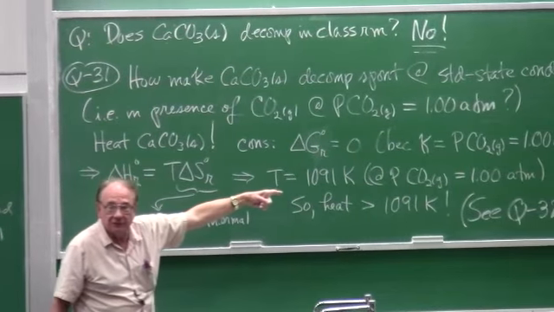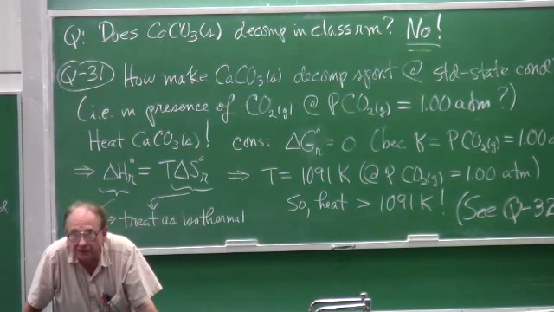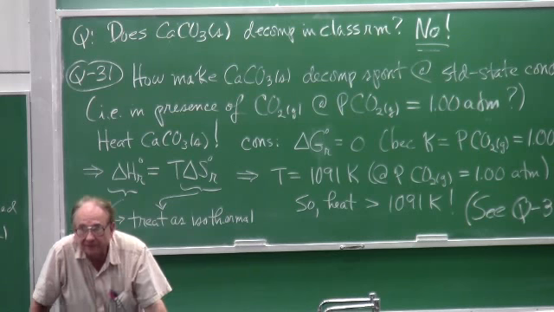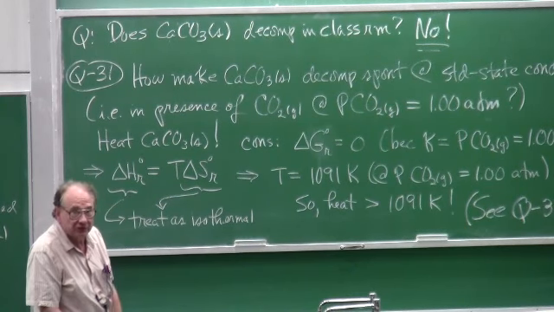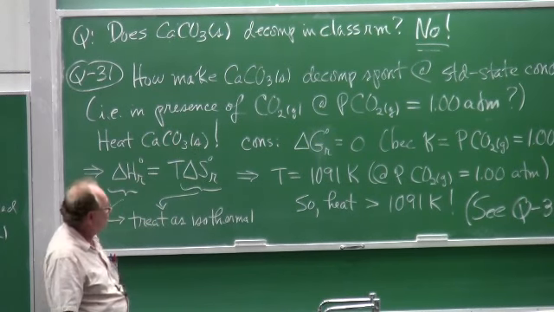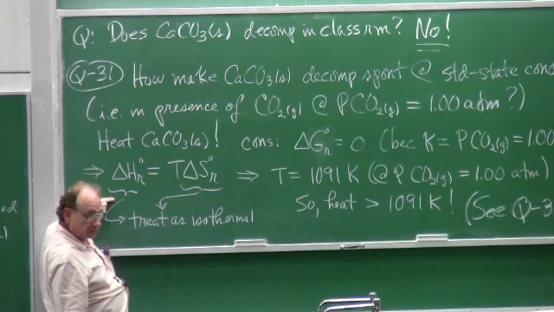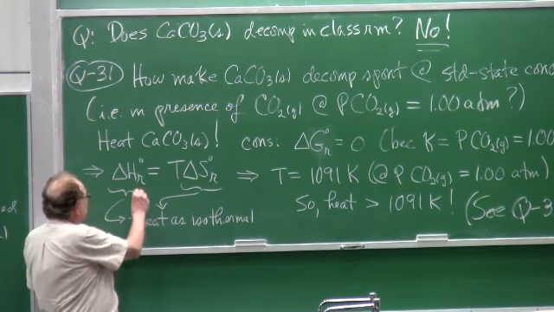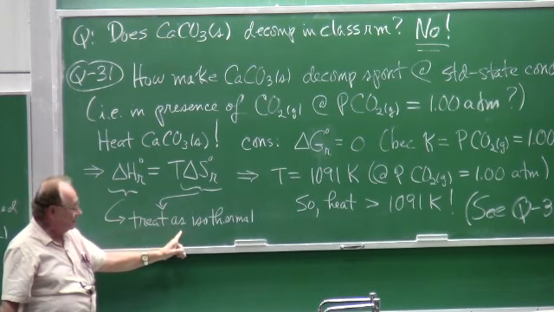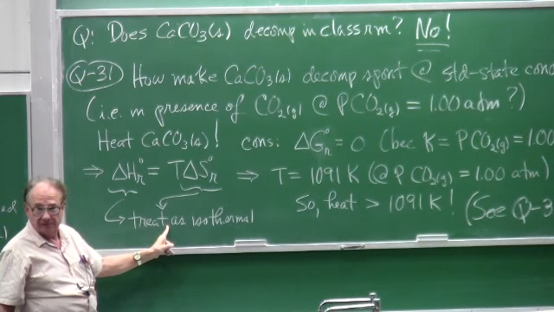And if delta G0 is equal to 0, then delta H0 is equal to T delta S0. So with that, we can calculate the temperature for this decomposition to take place under standard state conditions. So I did that here. And in passing, I'll remind you that we're treating delta H0 and delta S0 as isothermal reaction system properties.